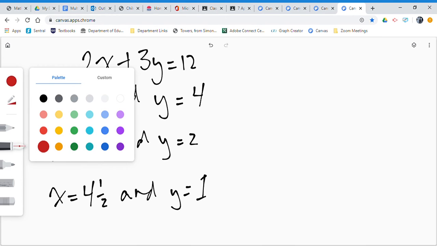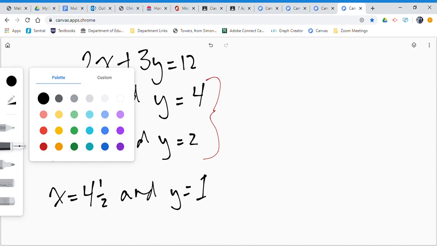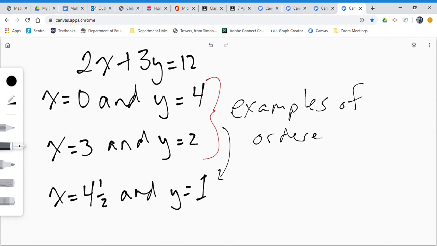When we talk about these possible solutions, the other thing to remember from year 8 is that these are examples of ordered pairs. Usually the ordered pair is written in the order of x comma y.